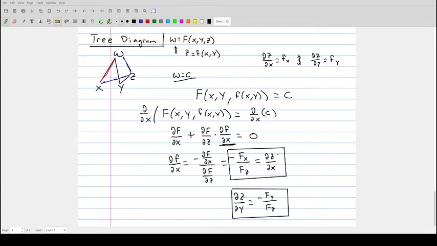So we've obtained two very nice formulas for implicit differentiation that we can always use whenever we have a function of three variables and we want to figure out the rate of change of one of the variables with respect to one of the other variables that obey that implicit relationship.